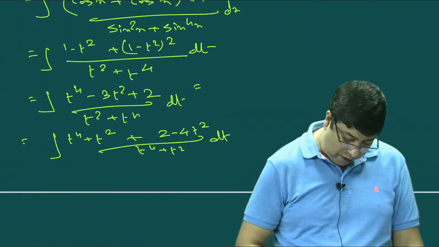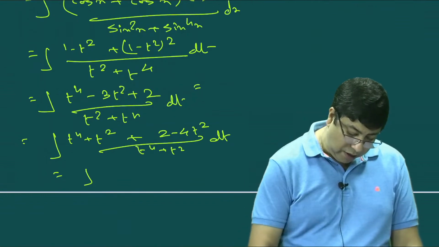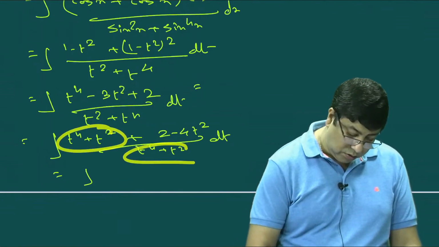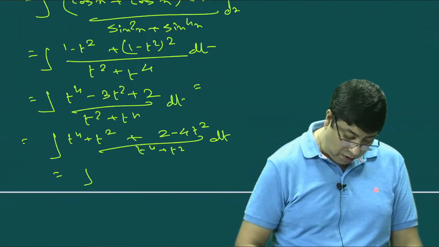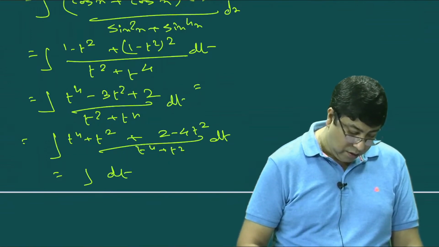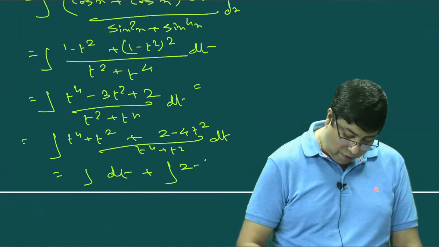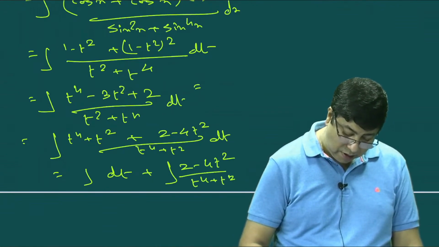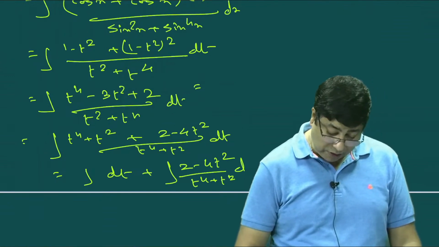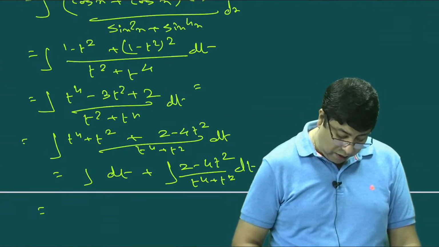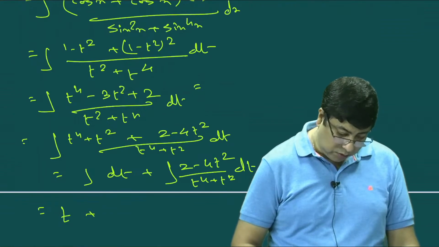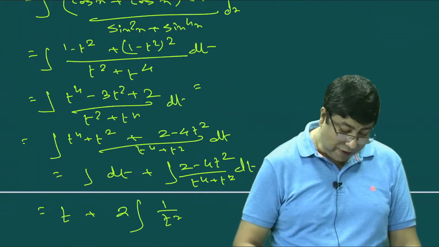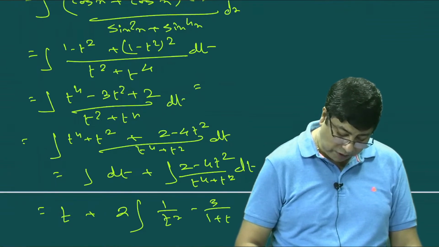Now if we calculate here, we are getting dt by dt as 1. So if I separate this, we are getting 1 dt plus 2 minus 4t square by, we have to apply the partial fraction method without doing the partial fraction. So we are getting here the integration: t plus 2 by, here the integration is 1 by t square, partial fraction you have to apply, minus 3 by 1 plus t square.